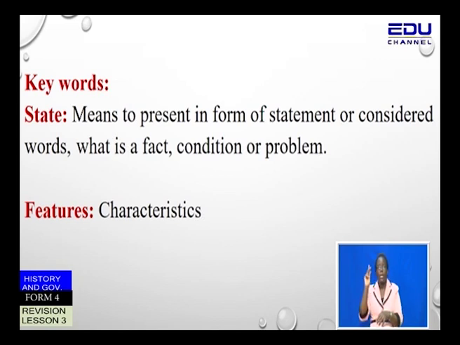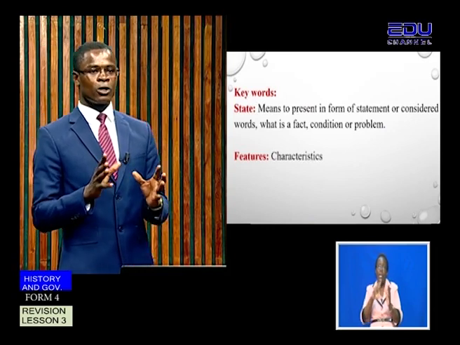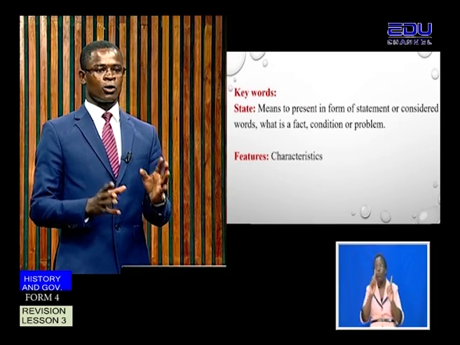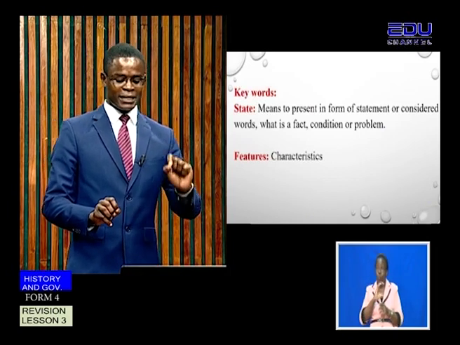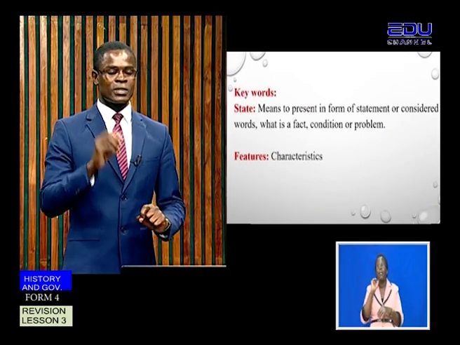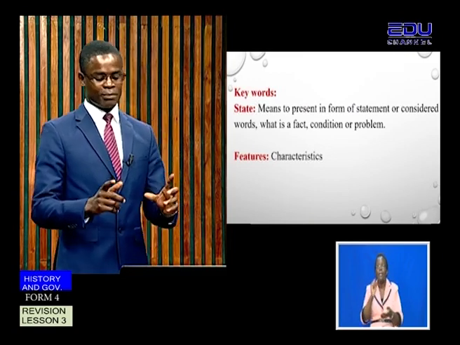State simply means to present in form of statement or considered words what is a fact, condition, or problem. In other words, you're not giving room to rumor mongering in answering that particular question. You're supposed to get it as it is. You state a fact, you present it as it is in a statement form.